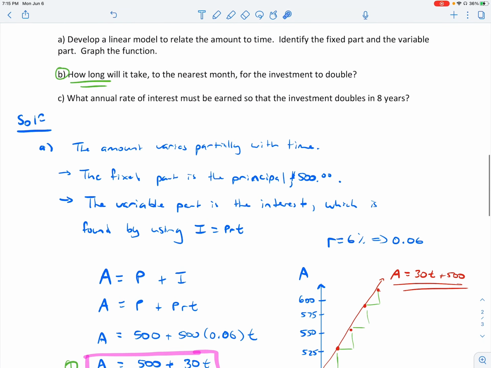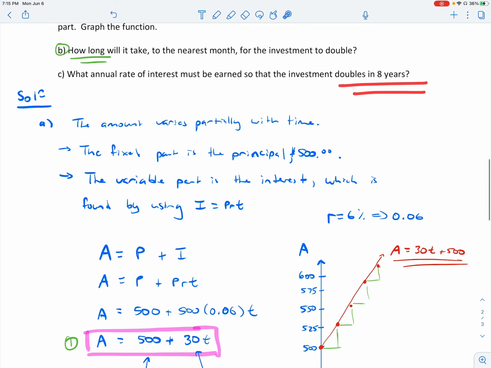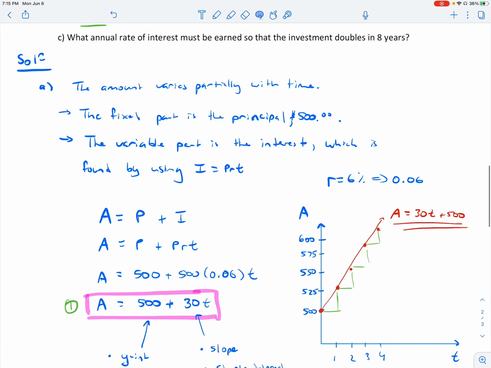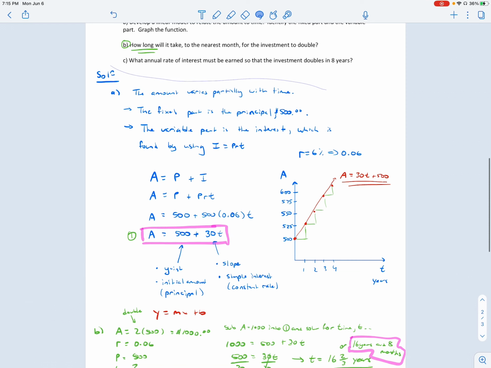Last question. What annual interest rate must be earned so that the investment doubles in 8 years? So this is a little bit more ideal for the doubling period.